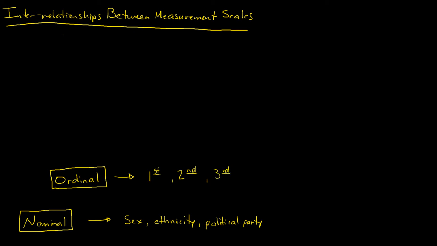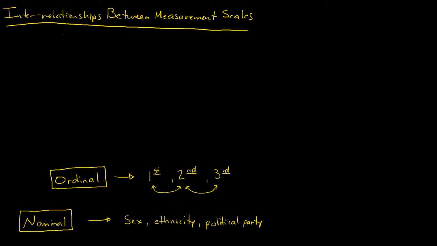Well, it has magnitude in that first place had the lowest time, second place had the next fastest or lowest time, and the third place had the third lowest time. That makes a lot of sense to us. But when it says it doesn't have equal intervals, then what we're saying is the time difference between first and second place is not necessarily the same interval of time between second place and third place.